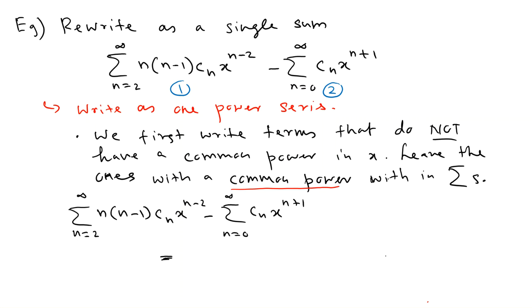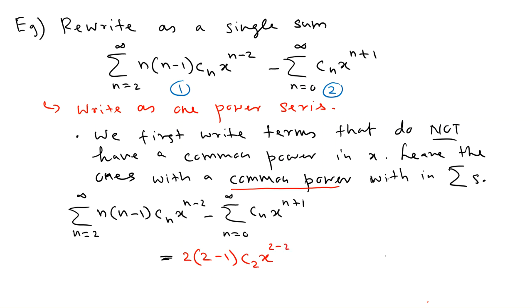What is the uncommon one? When you plug in n equals 2, you get the uncommon one from the first one. So it is 2 minus 1 c to the 2 x to the 2 minus 2. So that's the uncommon one.